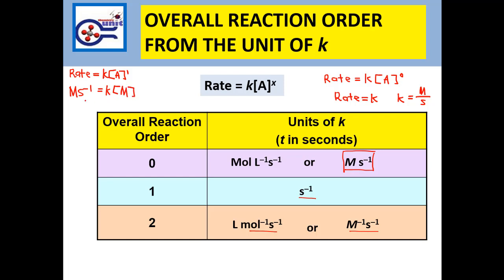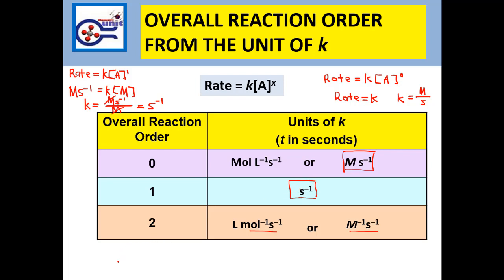So apa kita buat? Kita selesaikan ni. Molar per second bahagi dengan molar, kita bawa ke bawah sini. So molar dengan molar boleh cancel off, so kita tinggal dengan per second. So for first order reaction, the unit for rate constant is per second.